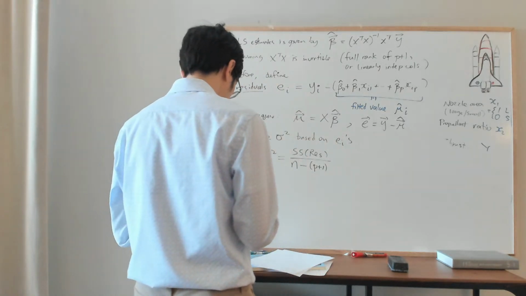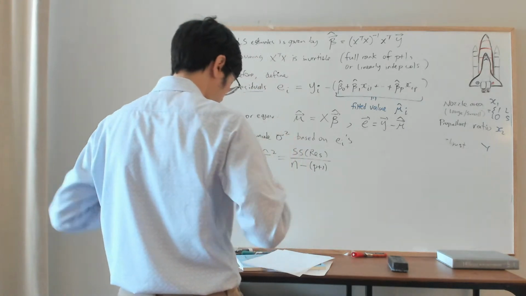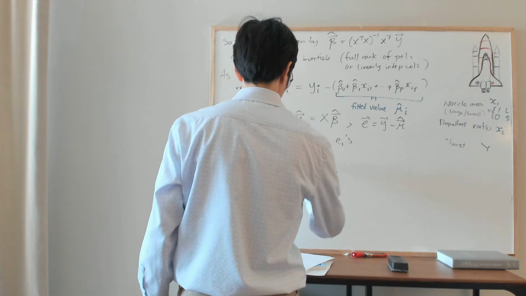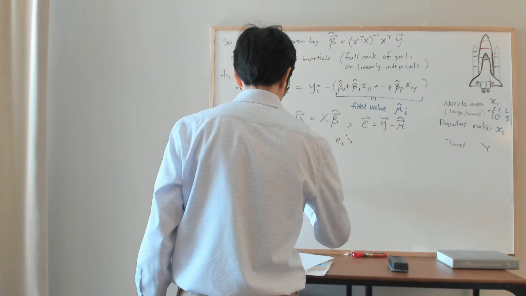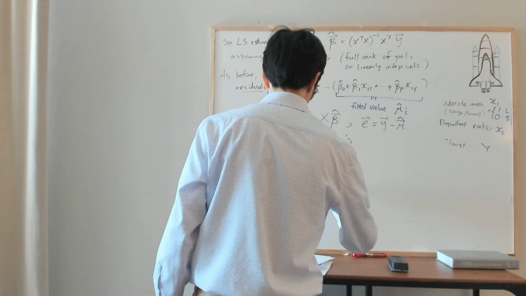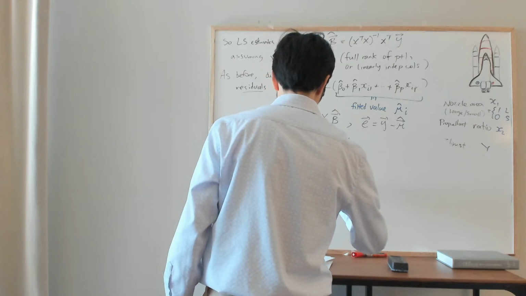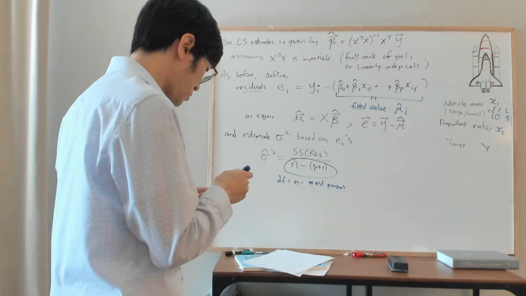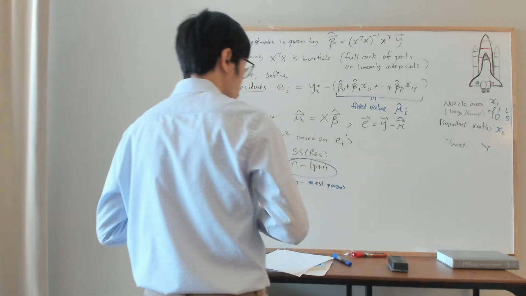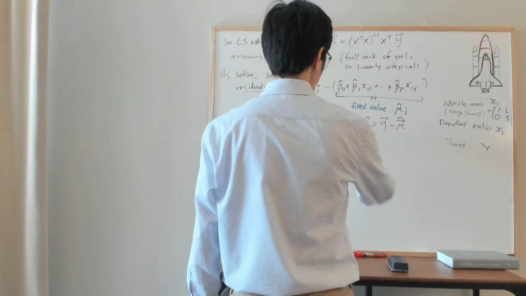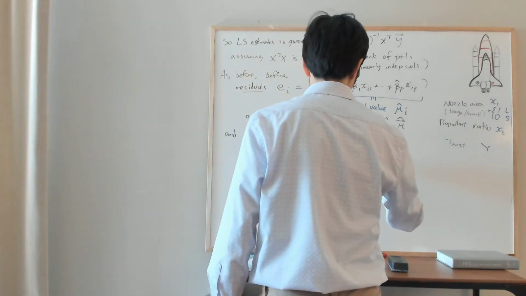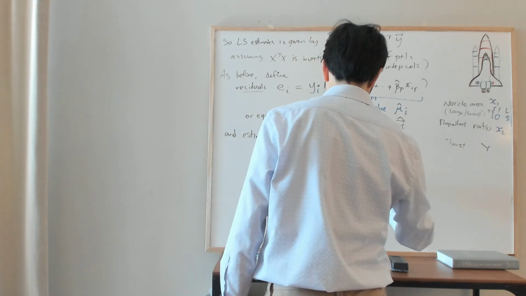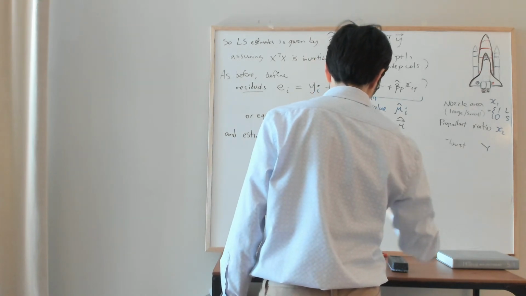So let's highlight that here. This is the degrees of freedom, which is n minus the number of estimated parameters. Sum of squared residuals, in our notation, is just the summation of e_i squared, over n minus p minus 1.